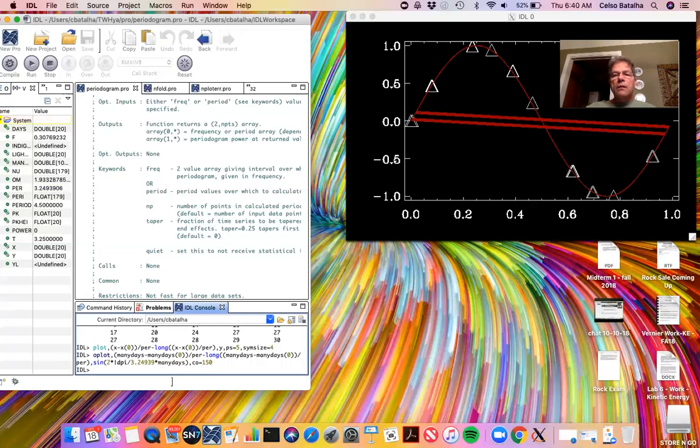There you go. I don't know what these lines across represent.